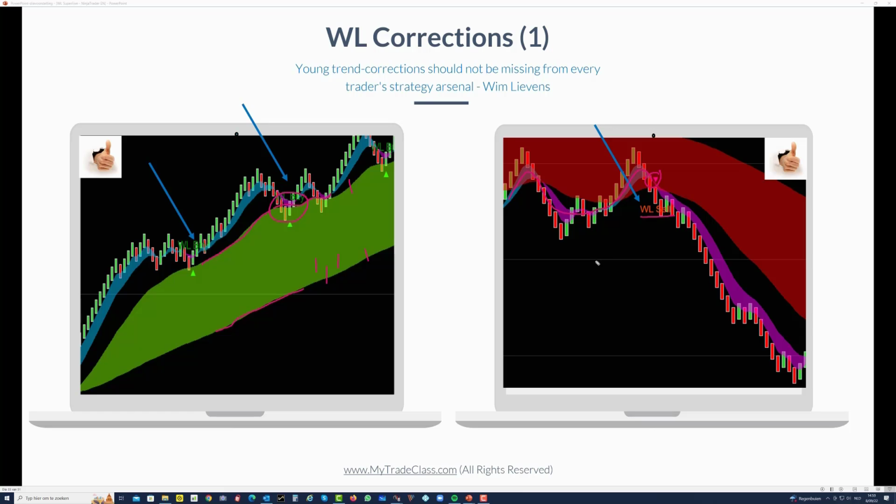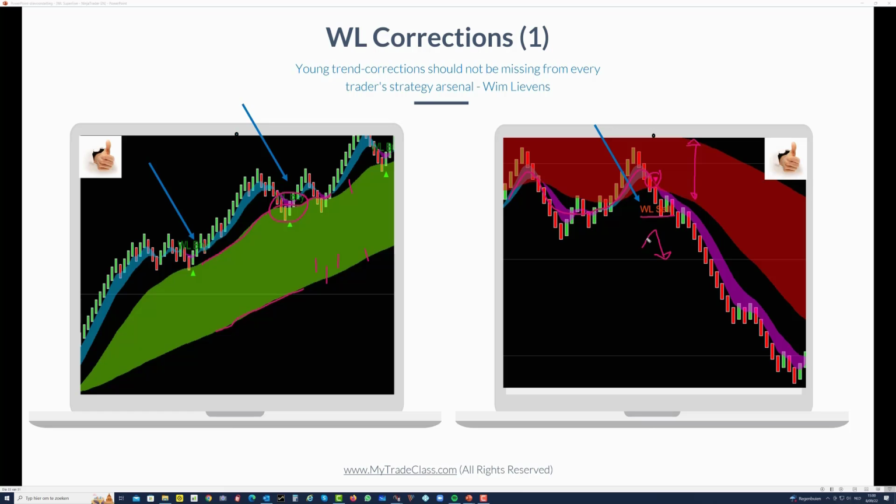That's when we get an alert, and we only get this when this color change happens within the WL trend. When it happens outside, here in the correction, these will not count. Why? Because in corrections, the more corrections we get, very often the better it is. So that's how it is set up.